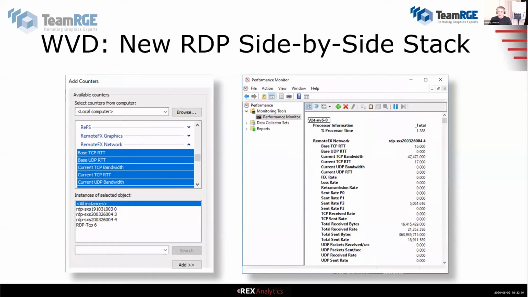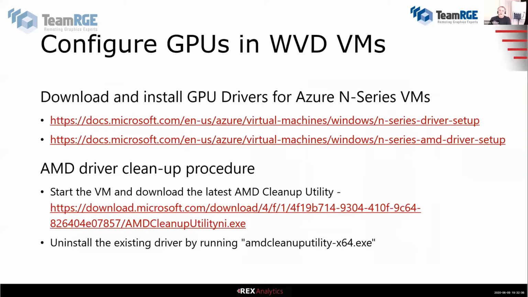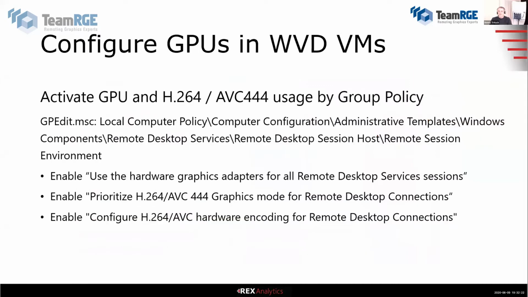This is something that we learned, and we will learn more about that when Dennis Gundarev does his session later today. Another thing that we always have to do is configure the GPUs in WVD VMs, so download and install the GPU drivers, and then probably do a driver cleanup procedure. After we have done that, we need to activate the GPU and H264 in the group policy.